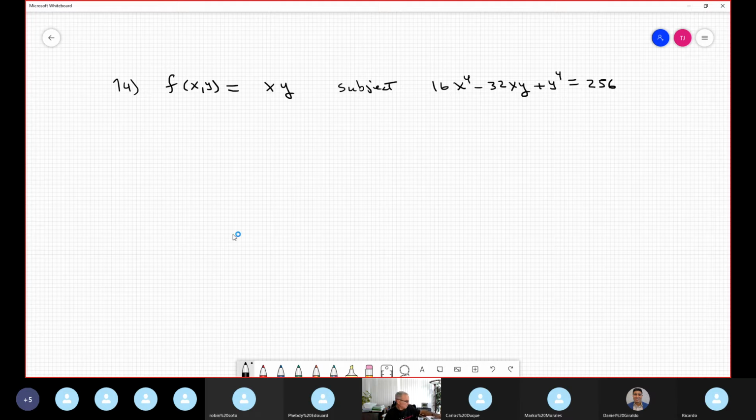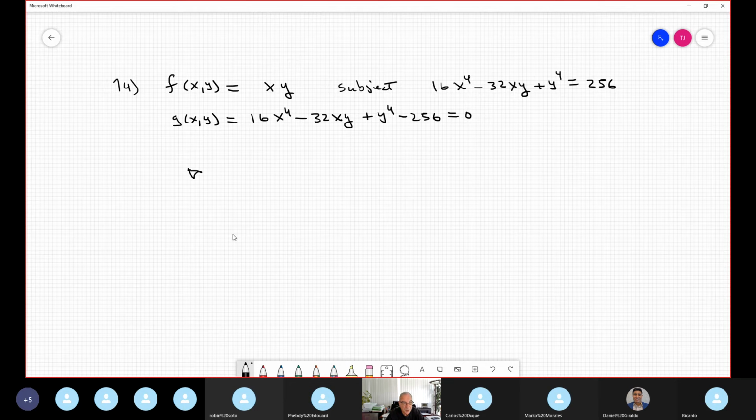So my objective function is this, and my constraint is 16x to the 4th power minus 32xy plus y to the 4th power minus 256 equals 0.